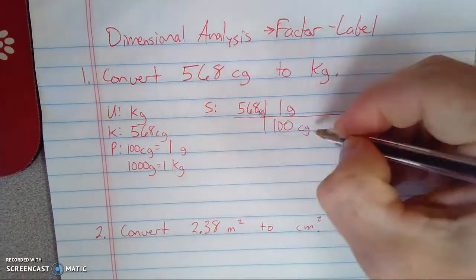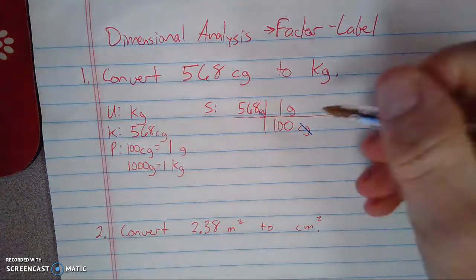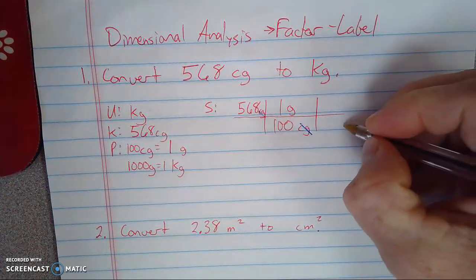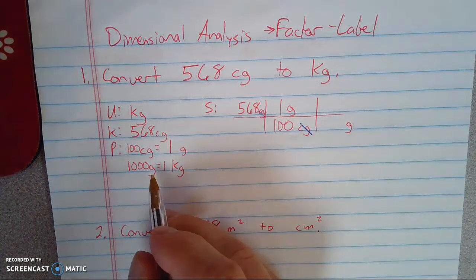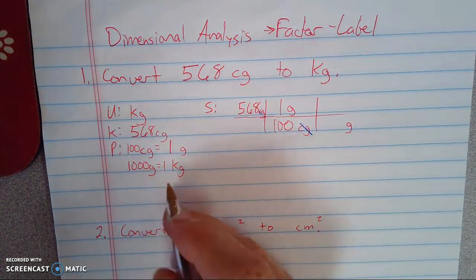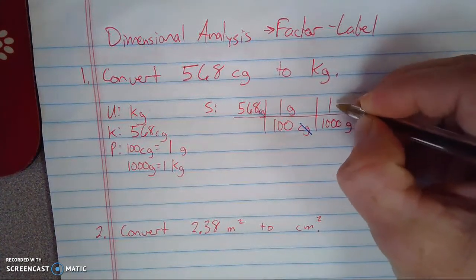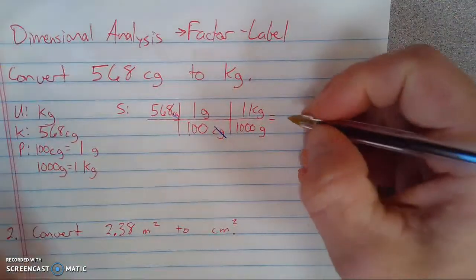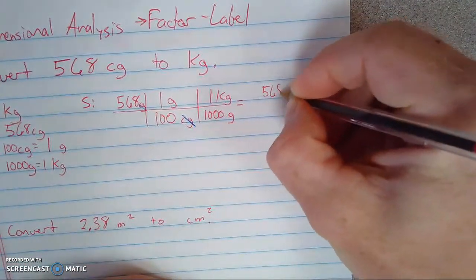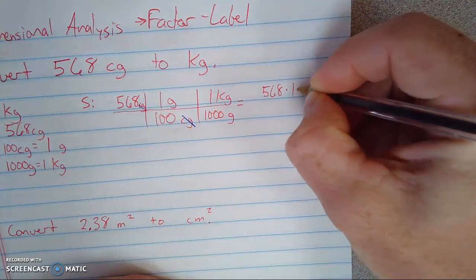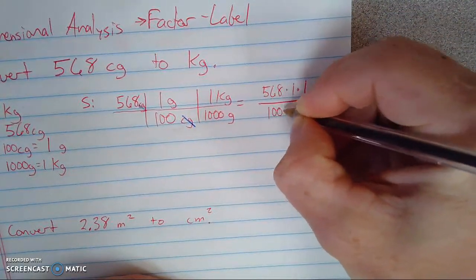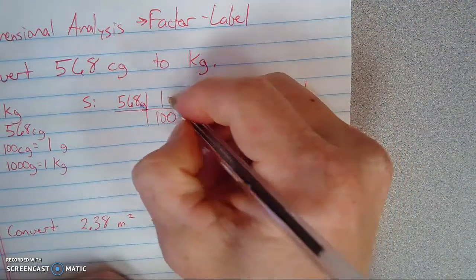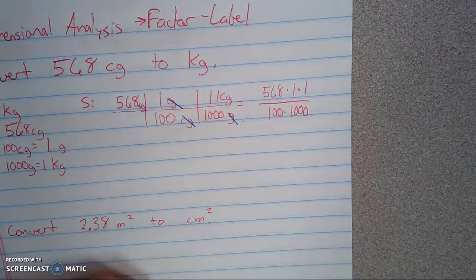Then we go from grams to kilograms, so grams on the bottom of the next conversion factor: 1,000 grams equals 1 kilogram. Practically, that tells me to do 568 times 1 over 100 times 1,000. I forgot to cross out my grams there, but I can show you that real quick.